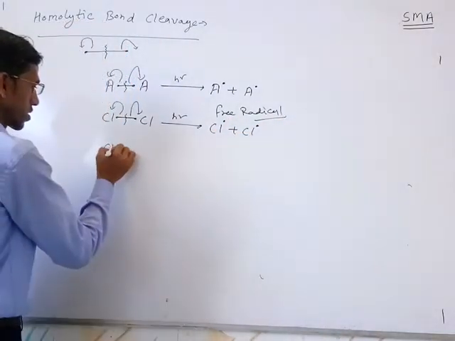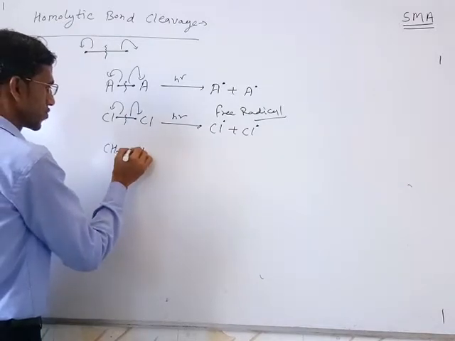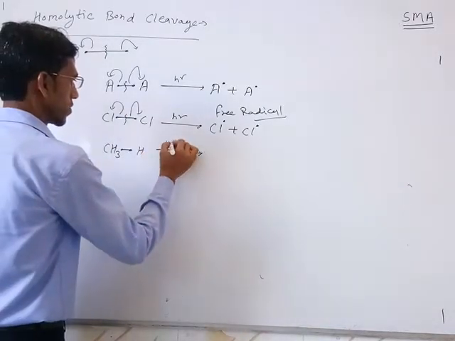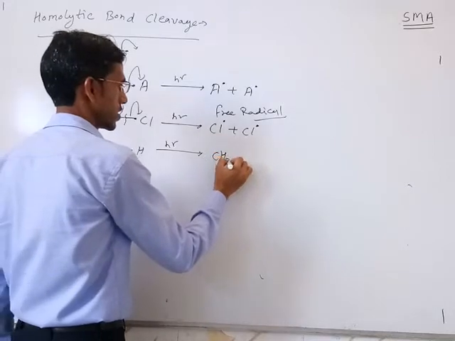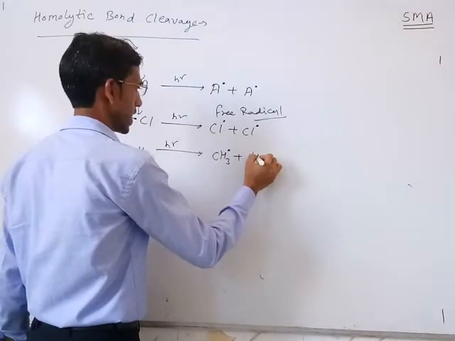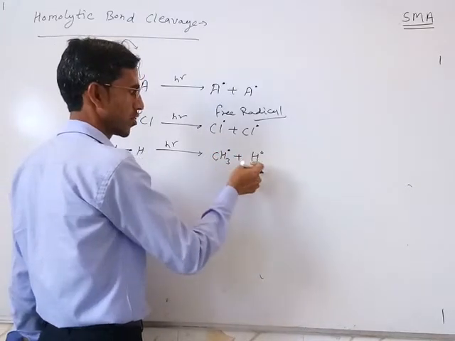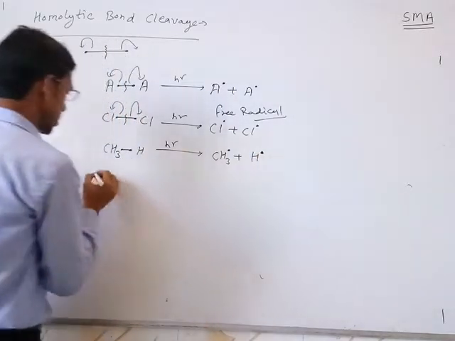More examples: CH3-H. In the presence of sunlight, it gives CH3 free radical plus H free radical, methyl free radical and hydrogen free radical.